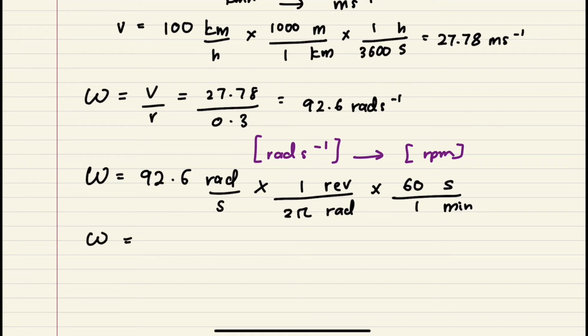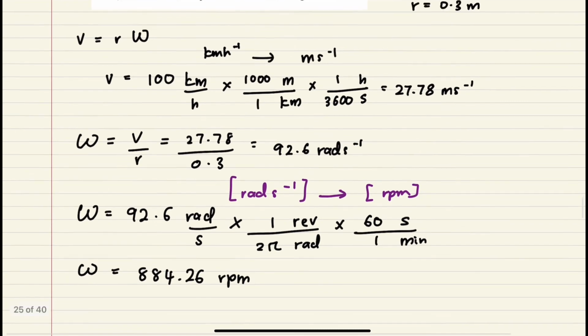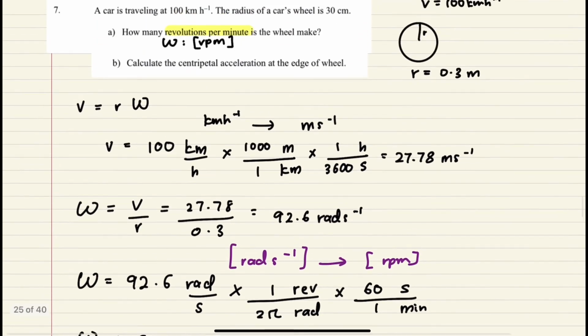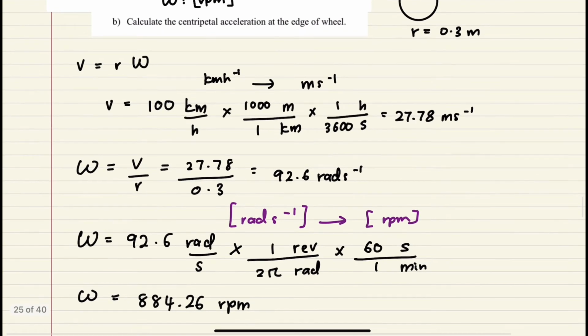So you should get omega equals 92.6 times 60 divided by 2 pi, which is 884.26. This would be in RPM, revolution per minute. So in 1 minute, the tires rotate 884.26 times. Just leave the answer like that.